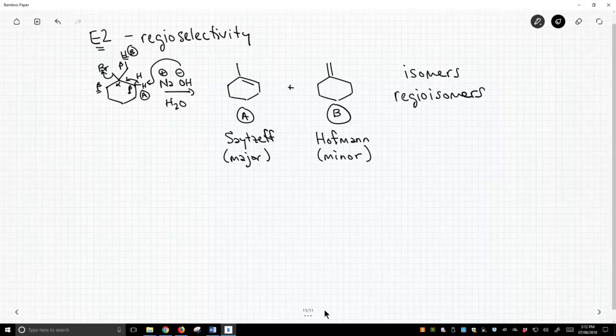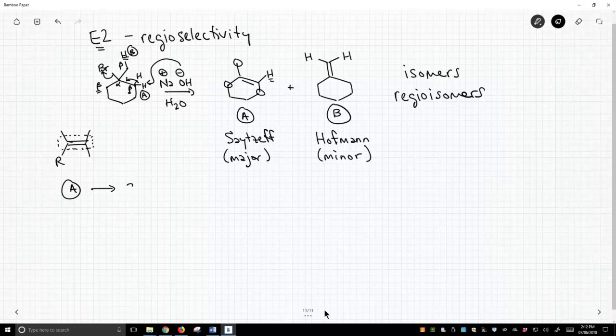Well, if you look at the alkene in compound A, the Zaitsev product, and I'm going to fill in the hydrogens. Let's go to B and fill in those hydrogens as well. When you look at an alkene, an alkene can have up to 4 different R groups on it. If we look at compound A, that alkene has 3 R groups and then 1 hydrogen.